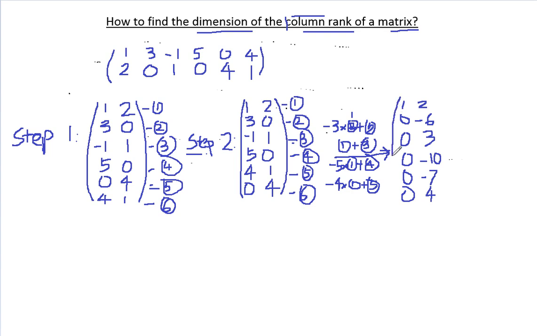So from here, this is our row 1, row 2, row 3, row 4, row 5, row 6. Now we can eliminate 3, minus 10, minus 7, and 4.